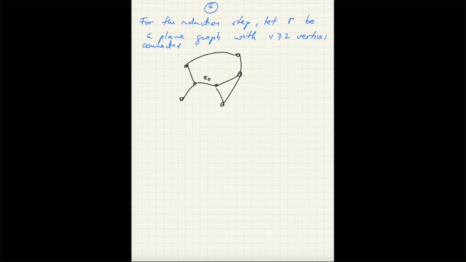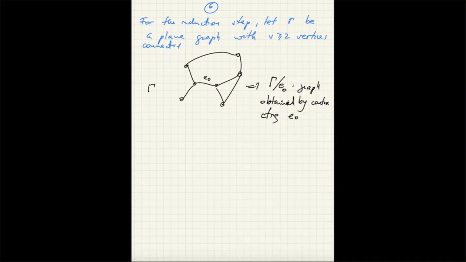If you have an edge E0 in gamma, you contract it, and gamma prime is the graph obtained by contracting E0.